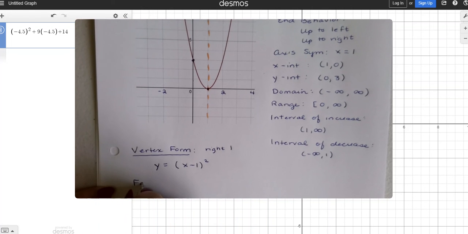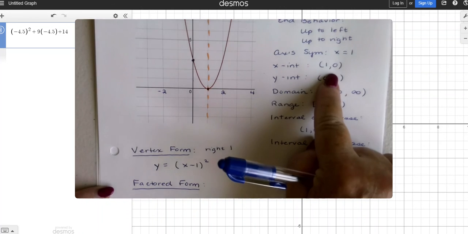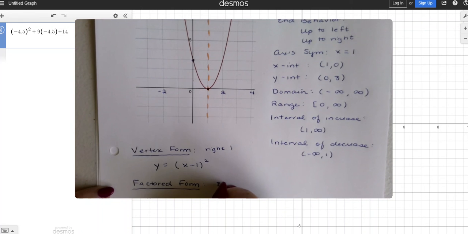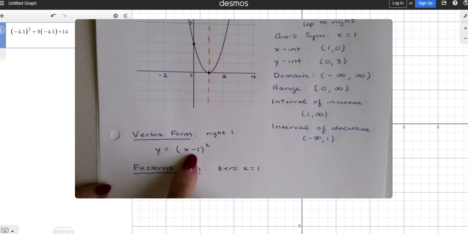Factored form. Well, since the only x-intercept was 1, 0, the only 0 is x equals 1. And if you notice, x minus 1 squared really is a factored form, right?